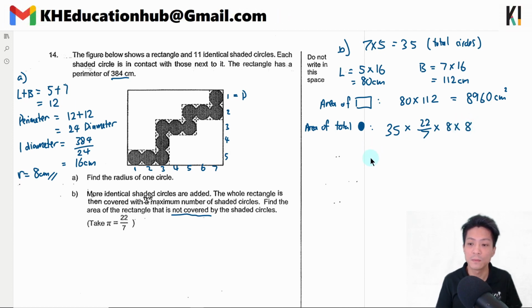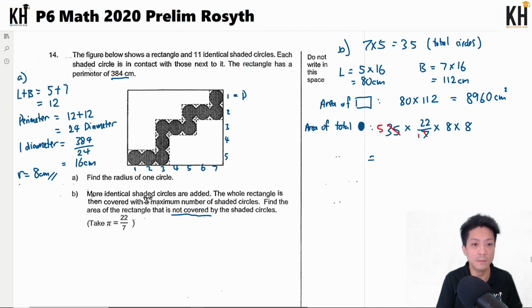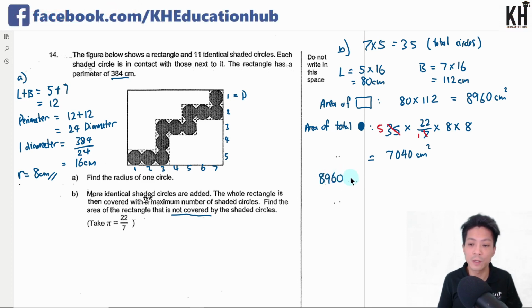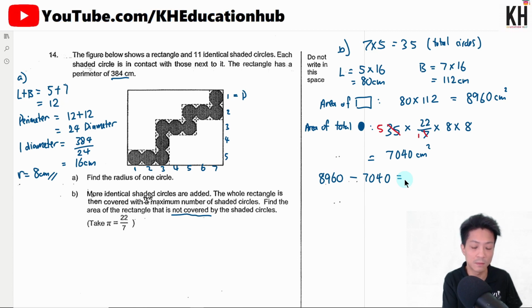So we can reduce over here, divided by 7 will give me a 5, divided by 7 will give me a 1. So 5 times 22 times 8 times 8 will give me 7,040. To find the final answer, you just have to use the area of the rectangle minus the area of the total circles, and that will give you the answer.